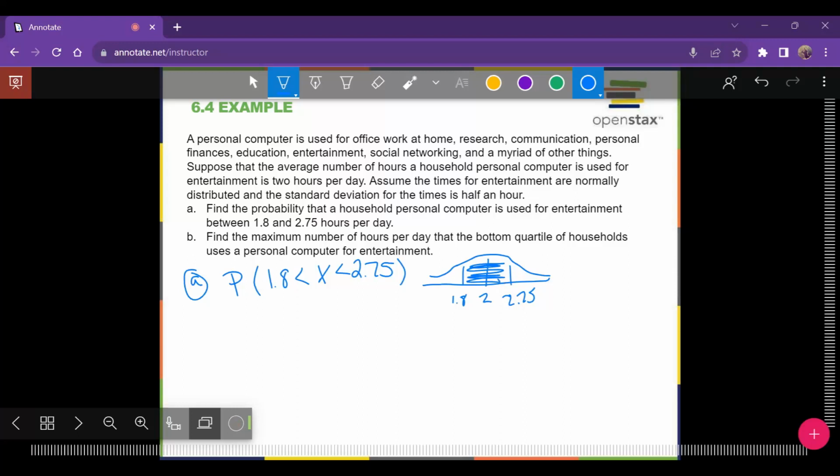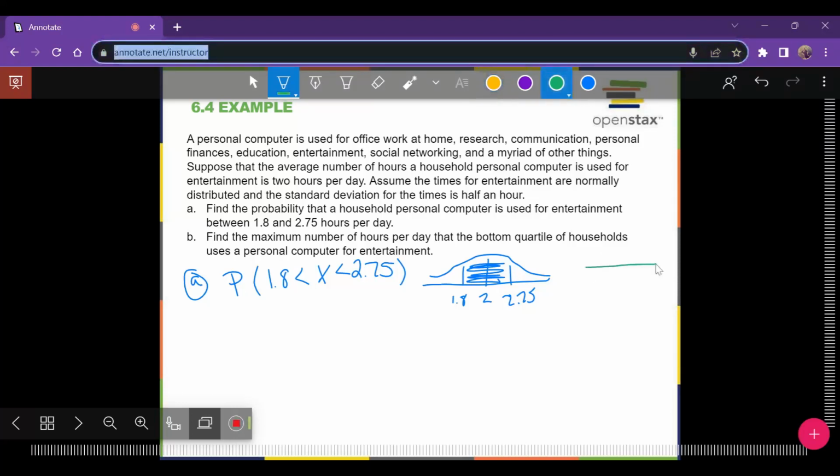So since Excel, again, can only do what's to the left, we can take what's to the left of our biggest number, which will give us all of that area, and subtract what's to the left of our smaller number, so that we get only what we want in between.